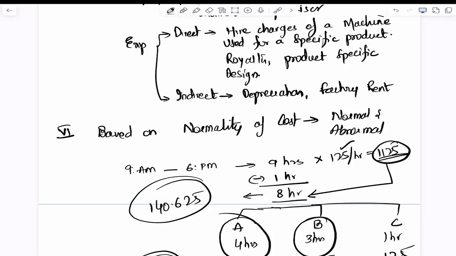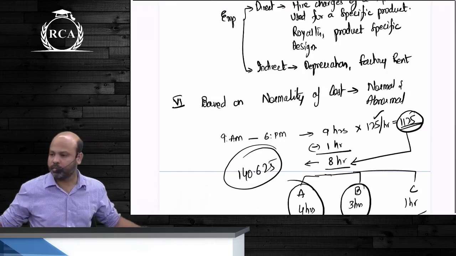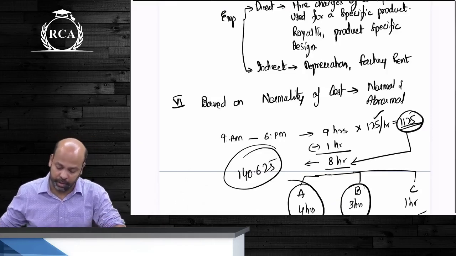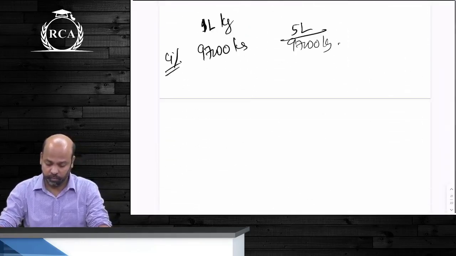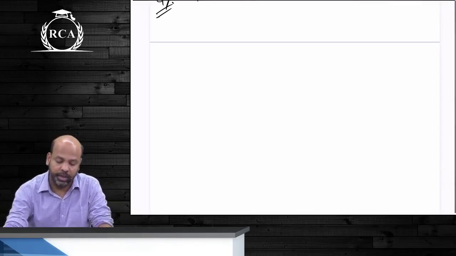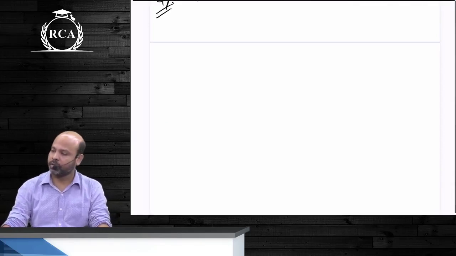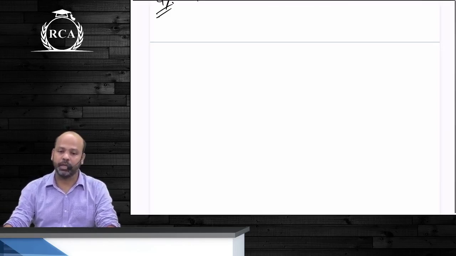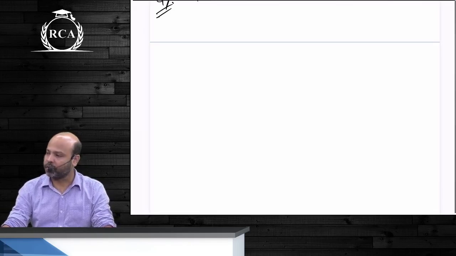Example. Normal working hours are 9 a.m. to 6 p.m. Employees are paid at the rate of 125 per hour.